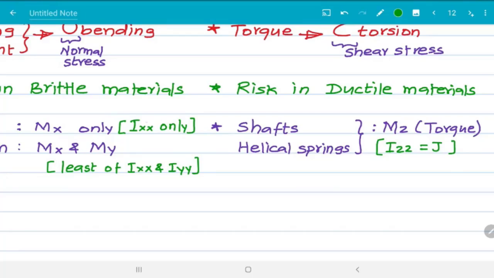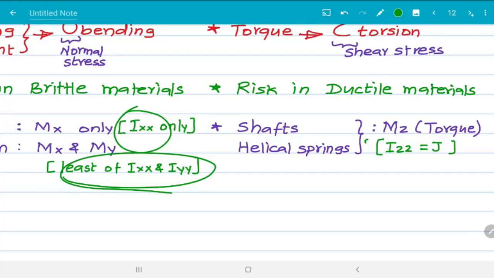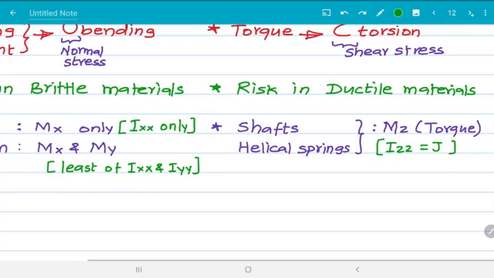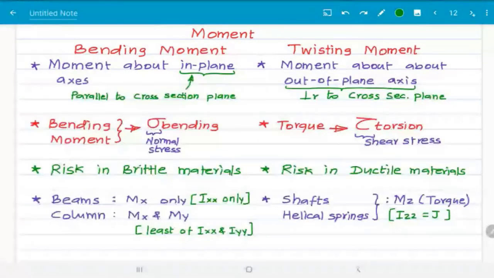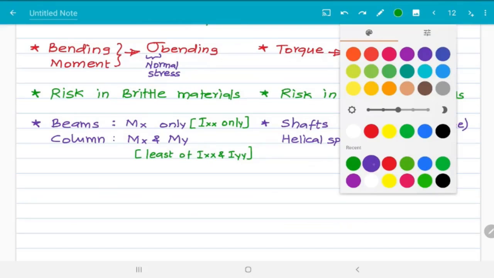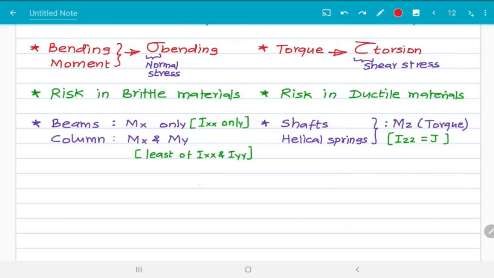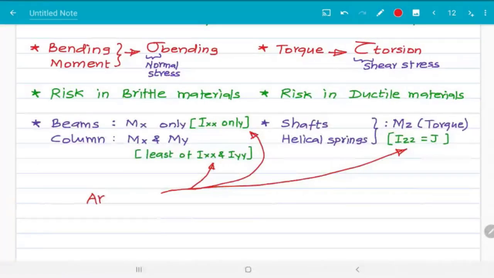Here Ixx and Iyy, here Izz, all these are area moment of inertia. Area moment of inertia, right?